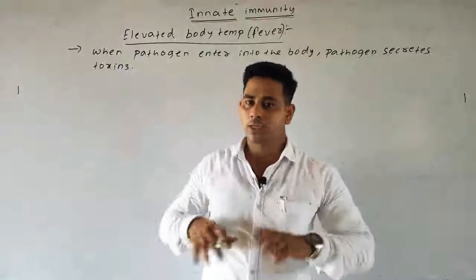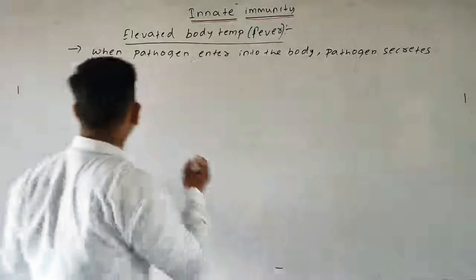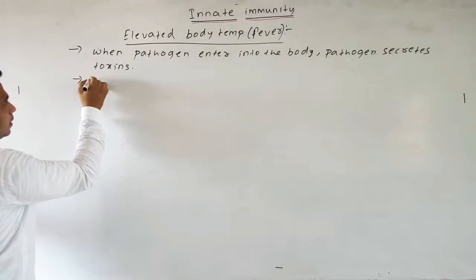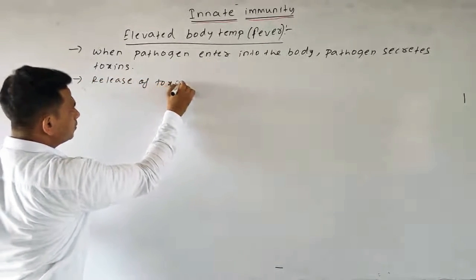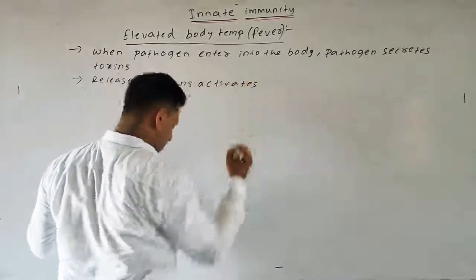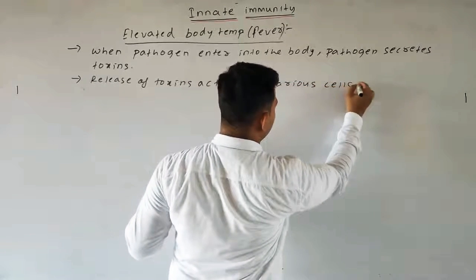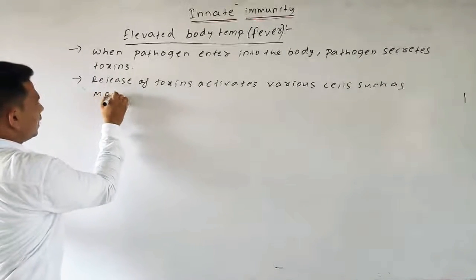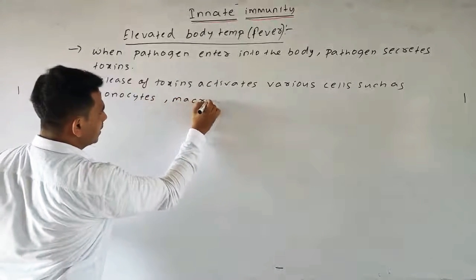As soon as the toxins are secreted, various cells get activated. Release of toxins activates various cells such as monocytes, macrophages, etc.